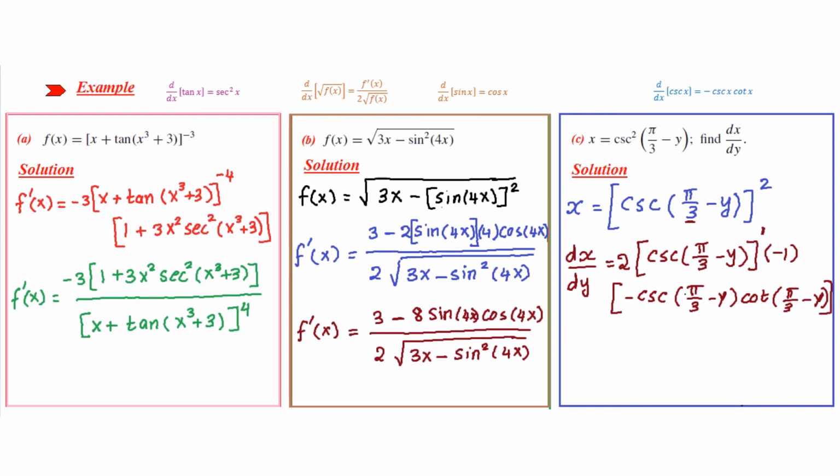Then you have to simplify. We have 2 times negative 1 times negative 1, which equals negative 2. And cosecant times cosecant equals cosecant square pi over 3 minus y. Then we have cotan pi over 3 minus y. And this is the final answer.